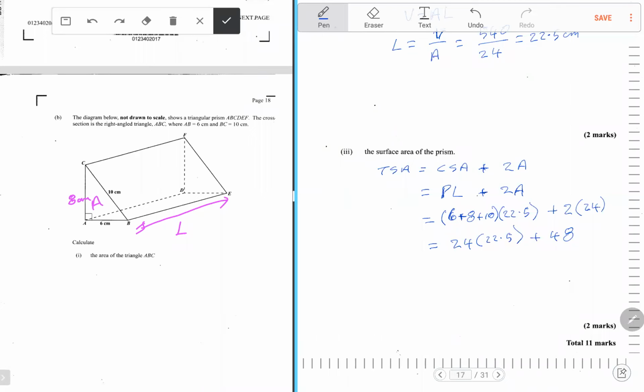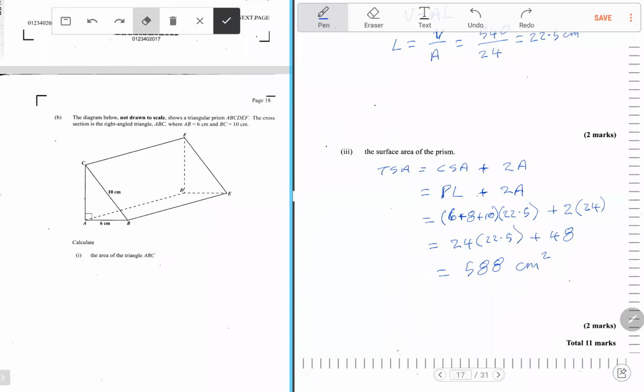When you work out everything, it becomes 588 centimeters squared. That becomes the total surface area. When they say surface area, they mean total surface area all the way around. That is that question.